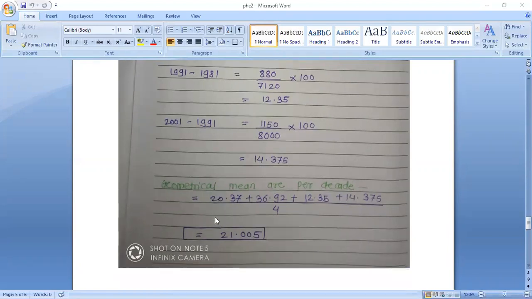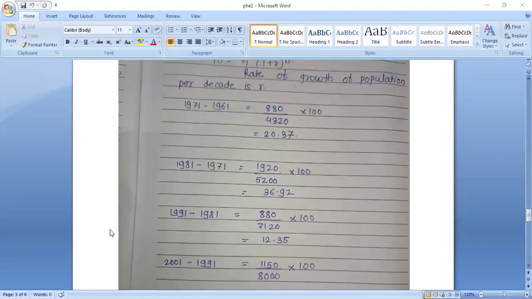Now we have to find out the average value of this R, that is the rate of growth of population.